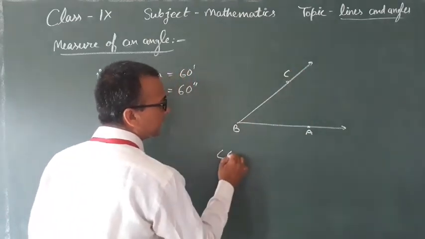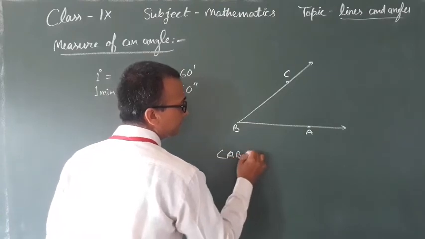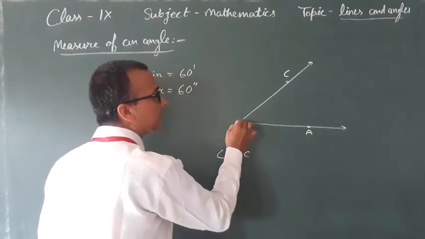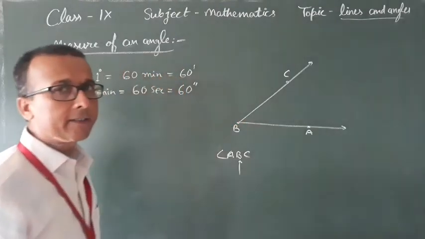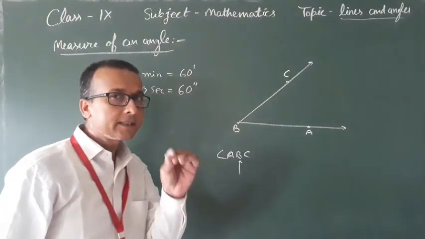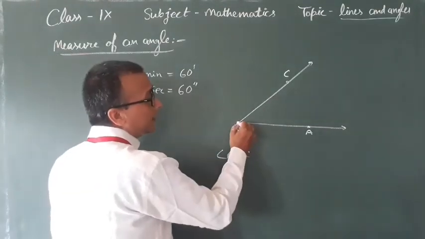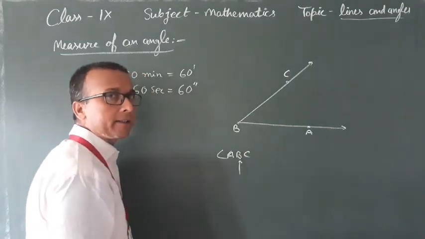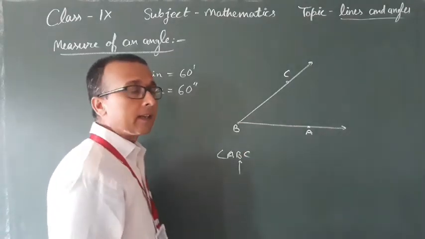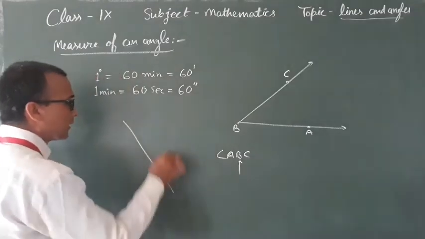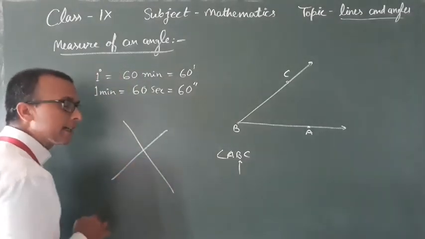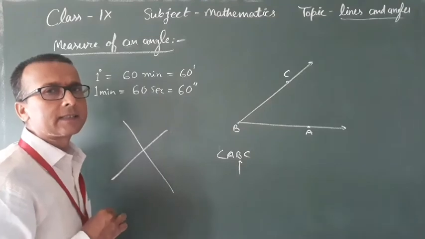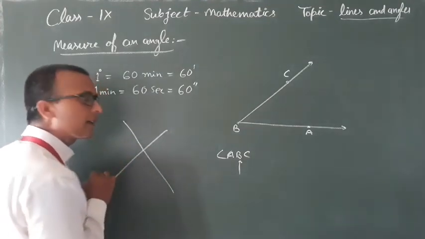In our notation, it is angle ABC, where B is the vertex. Vertex is a point where two line segments meet, or in other words the starting point of an angle is called the vertex, or the point of intersection of two lines is also called a vertex.